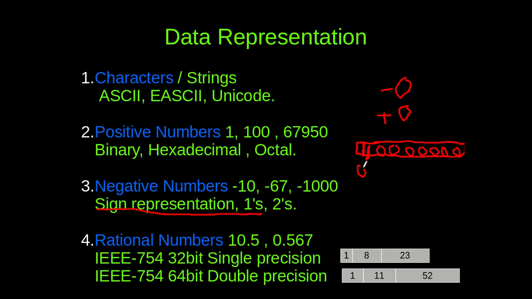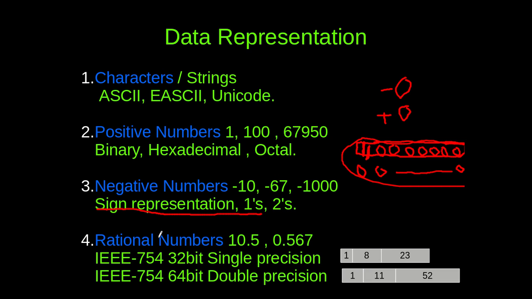It's going to be 0 for the sign bit and then all zeros here. So I have 2 different representations for 1 number, and that's not acceptable. That's why computers are dumb, think of it. They can't do anything on their own. 2's complement solved that problem, and if you find -0 and +0 in 2's complement, you'll find they're the same.